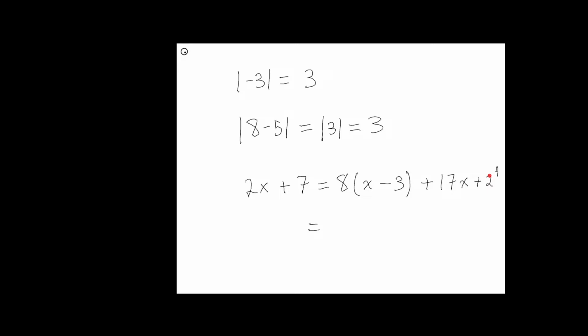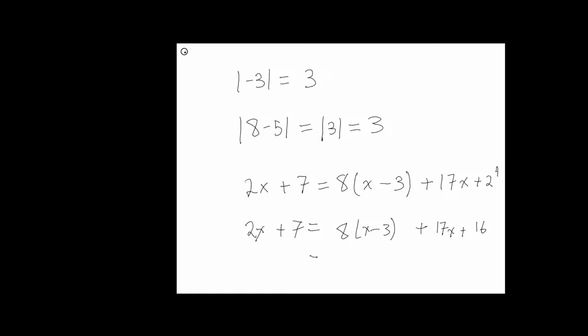2 to the 4 is 2 times 2 is 4, times 2 is 8, times 2 is 16. So that is 16. We have 17x plus 8 times (x minus 3) plus 16, and 7 plus 2x. We're going to distribute because we're going down our GEMA, and multiplication is the only thing I can do.